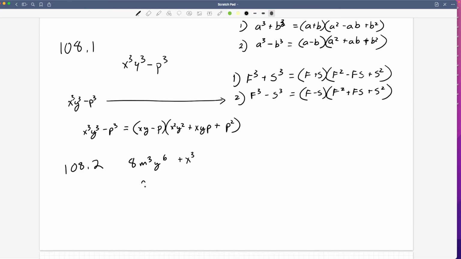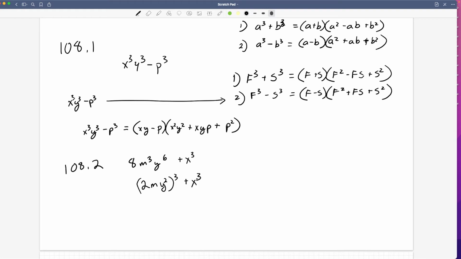So we have 2my squared. This times itself 3 times is a perfect cube, so we can just take it and cube it, which then gives us 2 cubes that are a sum.